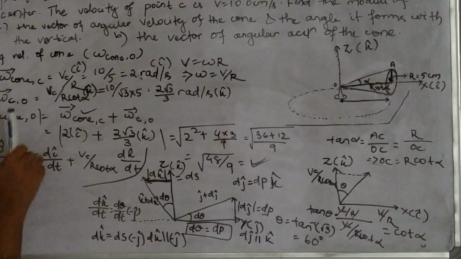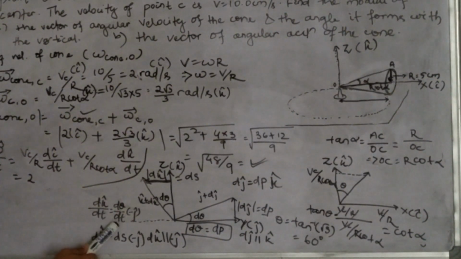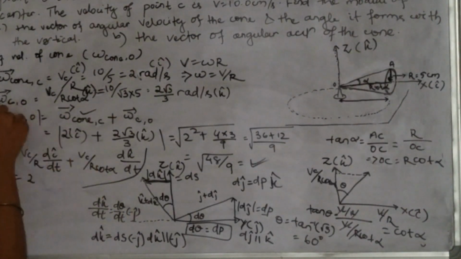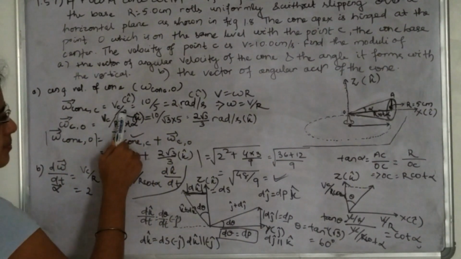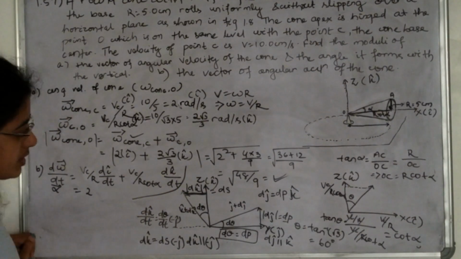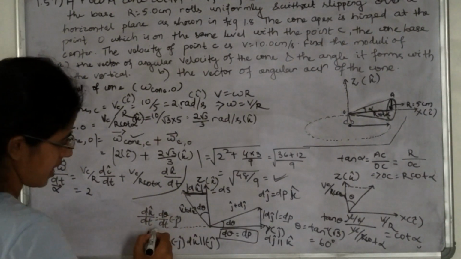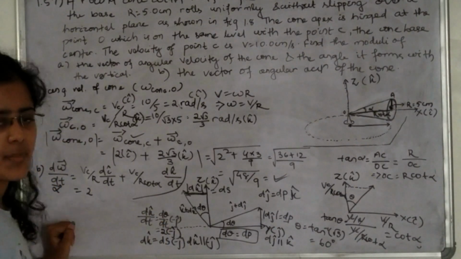Omega of cone with respect to C. Yes or not? Omega value is how much? d theta by dt we know. Which omega value do we have to consider? Which angular velocity value do we have to consider? This value, cone with respect to C. That means Vc divided by R. So it is how much? 2 radian per second. That means in place of this, I can write 2 radian per second along minus j cap.